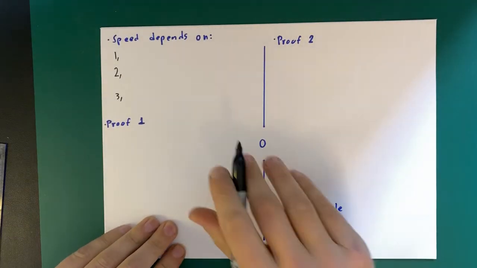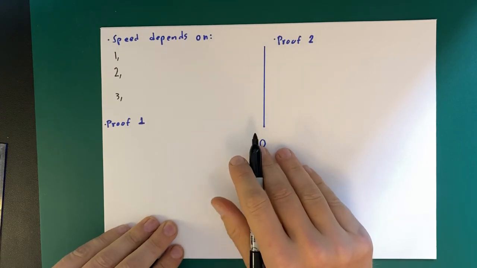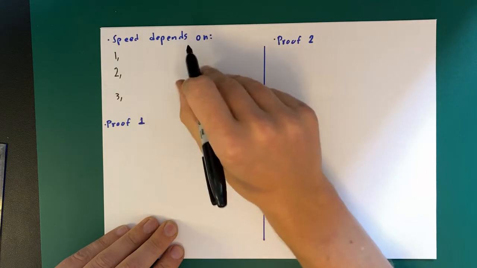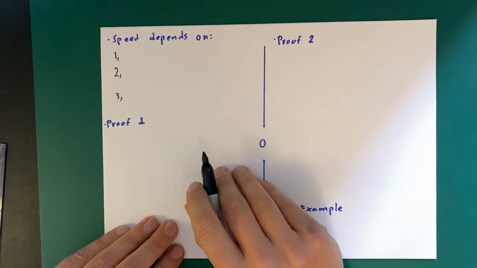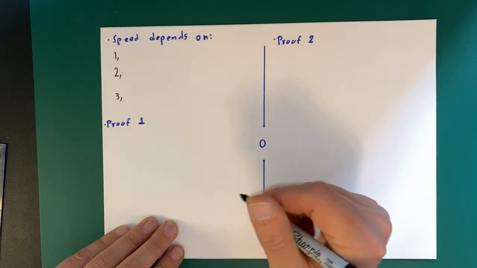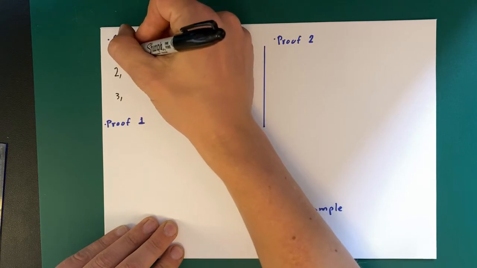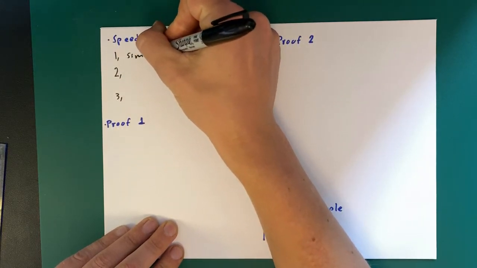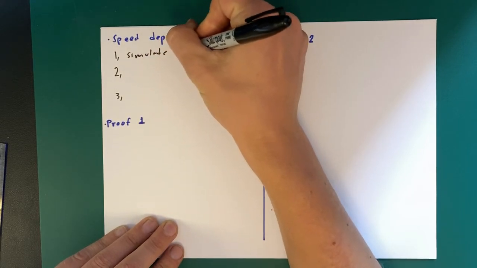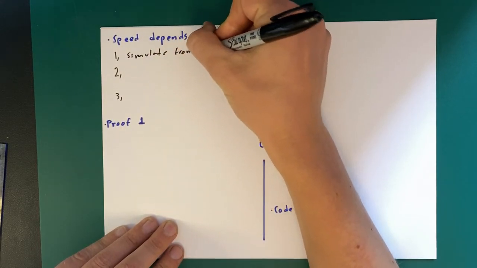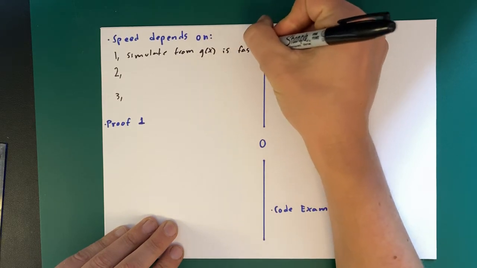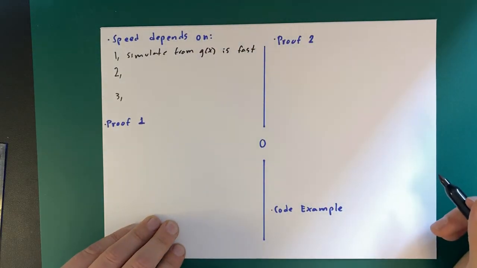So when we look at the algorithm we just introduced, we'll note that the speed with which we can generate our random variables will depend on three things. First, of course, is that simulating from g(x) is fast.